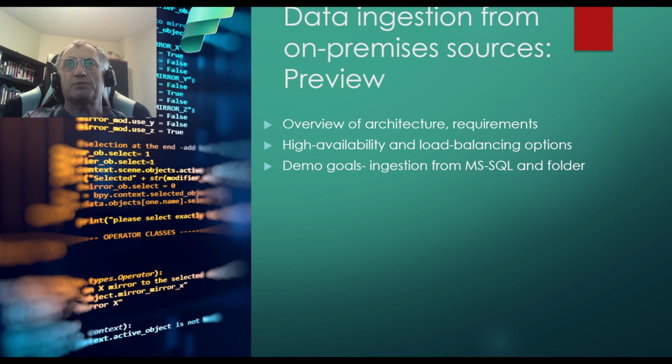Next, we'll do a demo, where we'll build a pipeline that will ingest from Microsoft SQL and the local folder on a virtual machine. Then we will configure a firewall, which should allow outgoing traffic from data gateway to cloud.